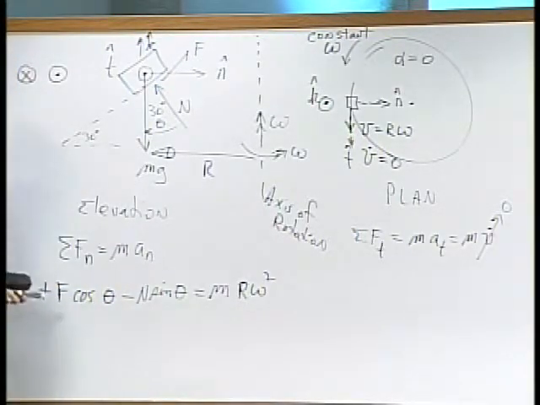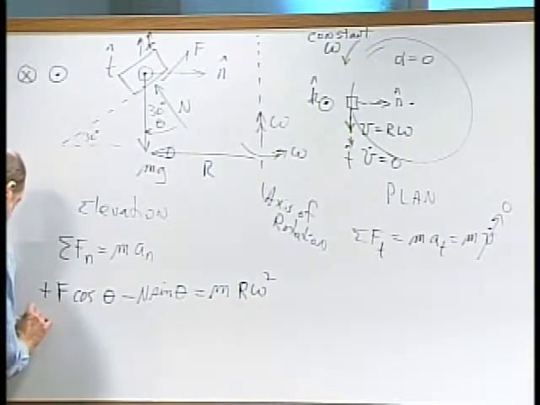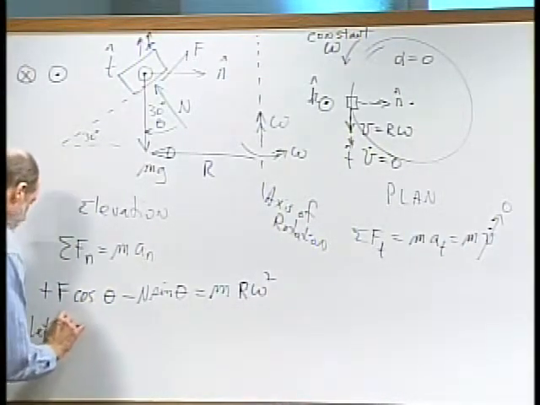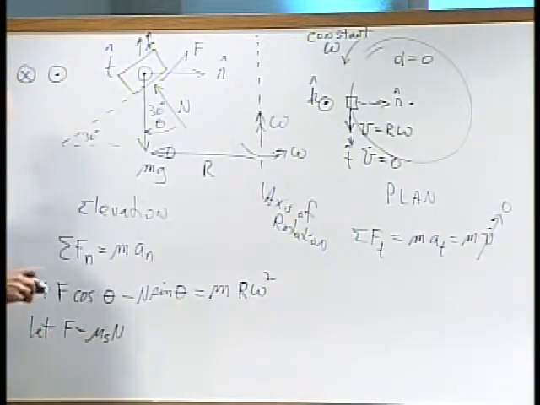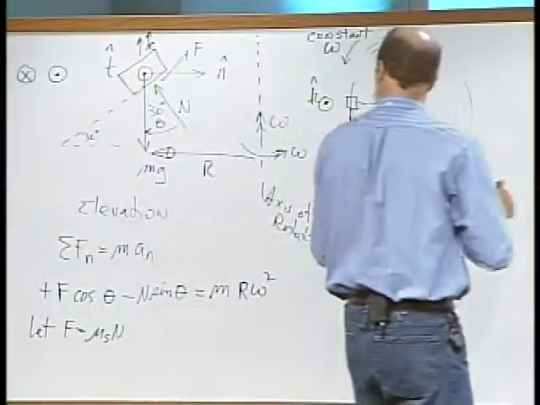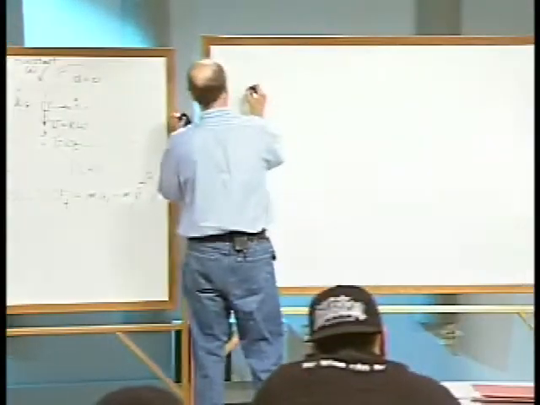Okay, now add impending motion. This becomes our mu times normal. So let F equal mu static times the normal. And let's go to the other board. We could factor out that normal.